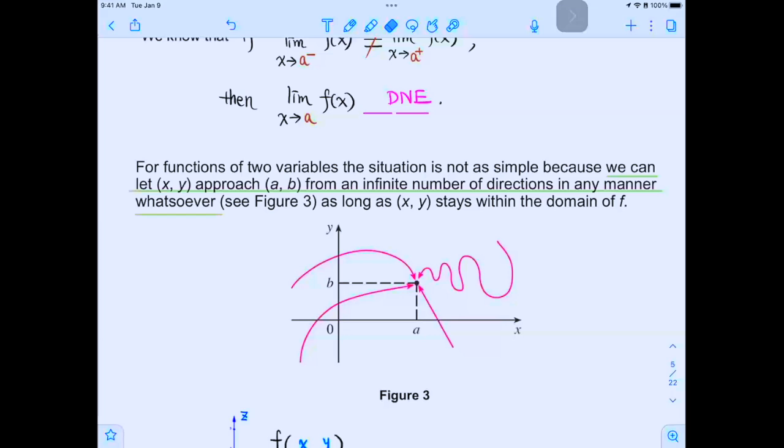You can even wiggle, as long as it's within the domain of the function. You can approach along a parabola, or along some other graph. As long as you are approaching it, you want the limit always equal to the same number in order for the limit to exist. If you can find at least two different paths that give different limits, then the limit does not exist.